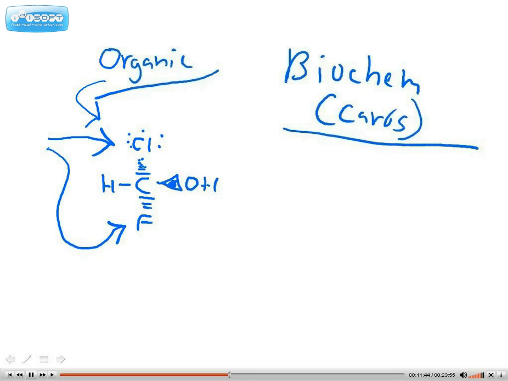I may give you something like this versus this molecule right here. This molecule would actually be classified as a biomolecule. More importantly, it would be a sugar because it contains an alcohol and it contains an aldehyde.